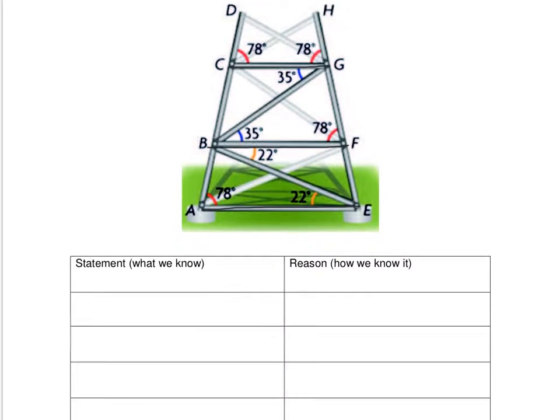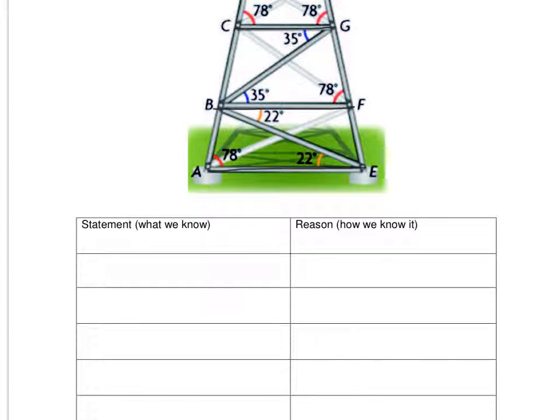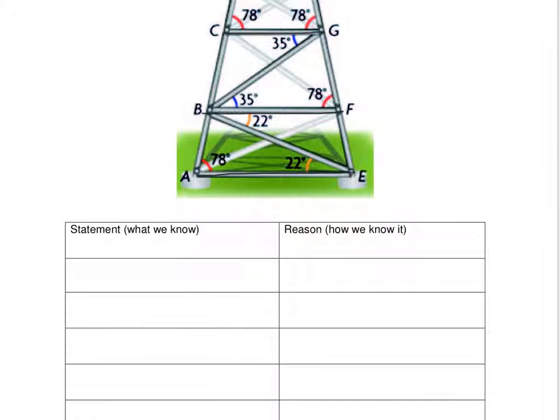So if we look at the diagram, look at the two lines CG and BF and the transversal BG that crosses over those two lines, right here.